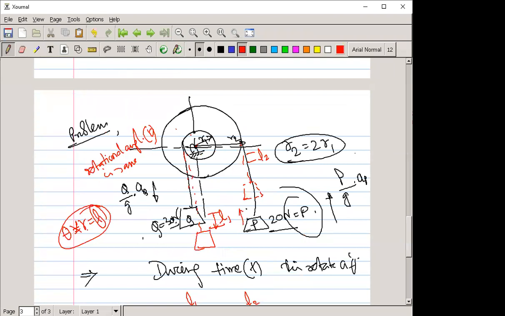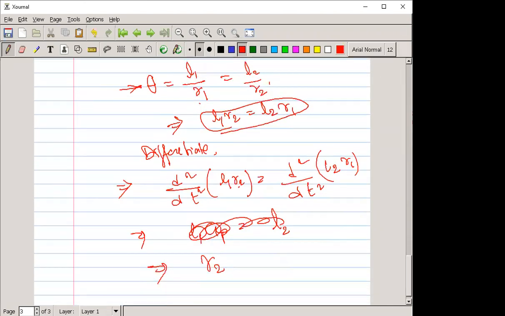This is R2, and R2 is connected with AP. R2 into AP is equal to R1 into AQ.